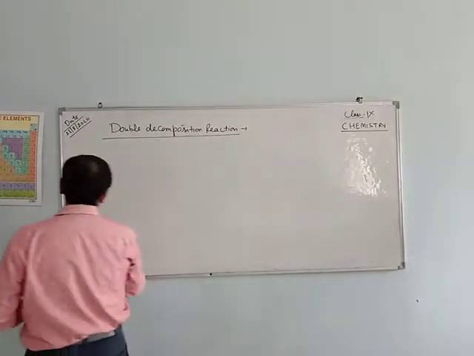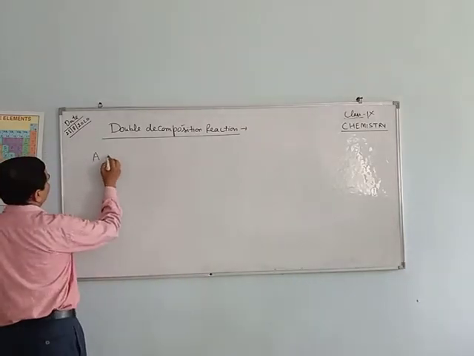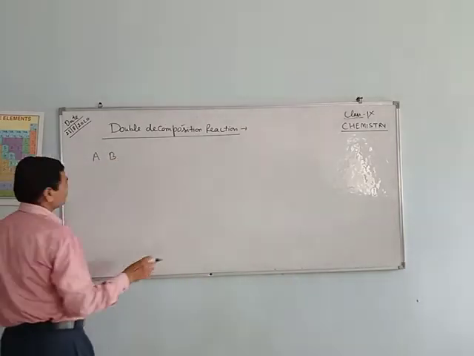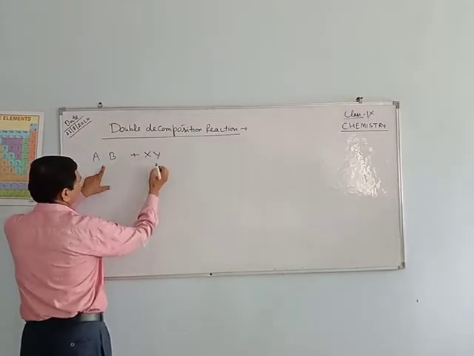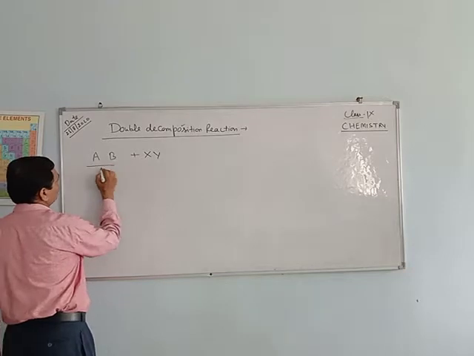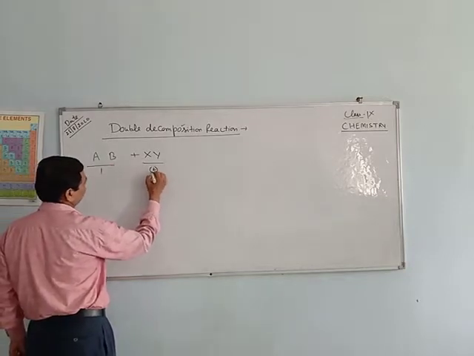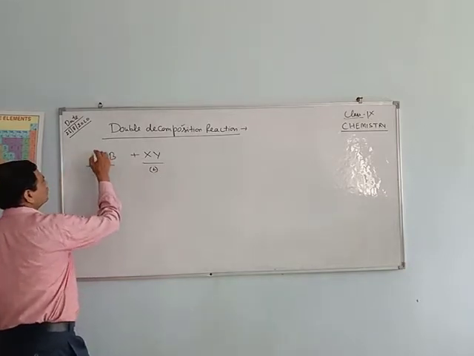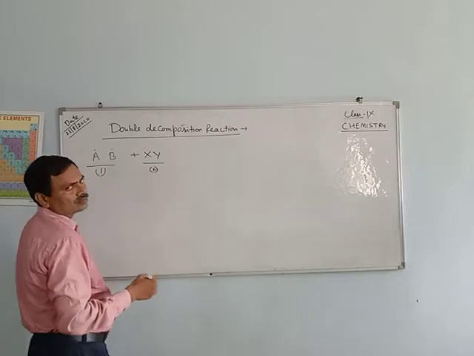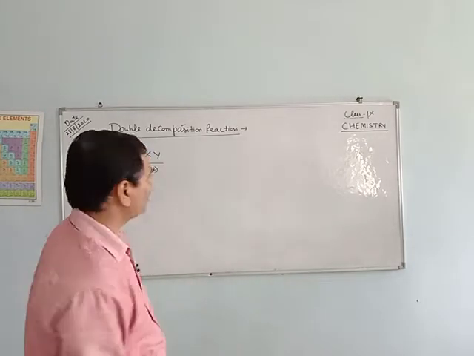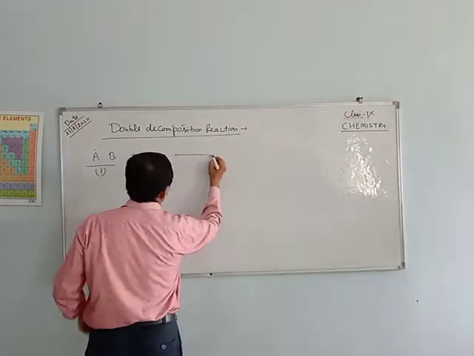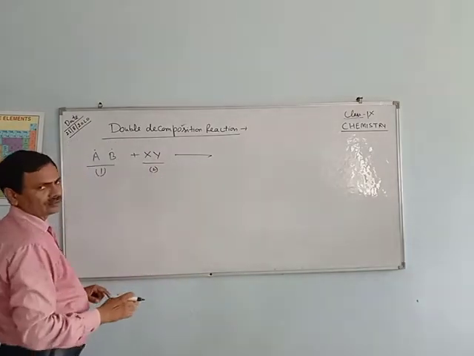For example, take an imaginary reaction. AB is a compound and XY is another compound. This is the first compound, this is the second compound. AB consists of A and B, and XY consists of X and Y. What will happen? Both are decomposed.